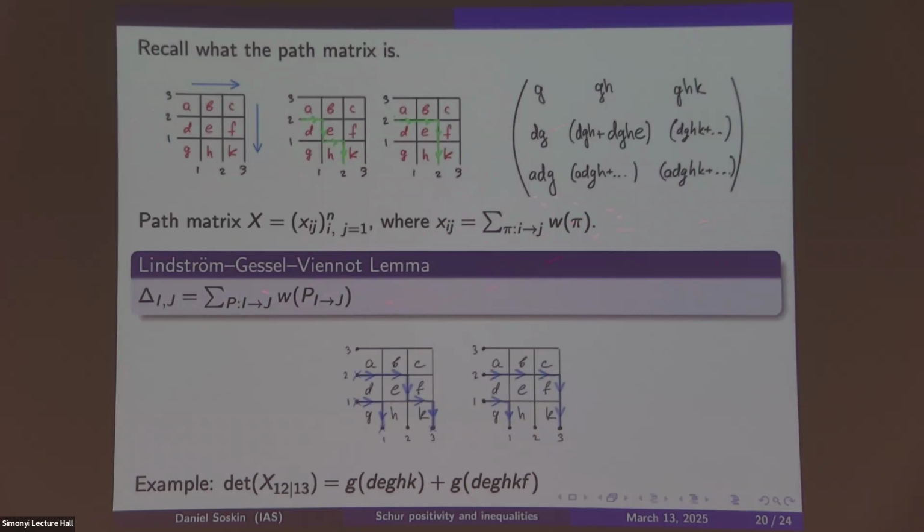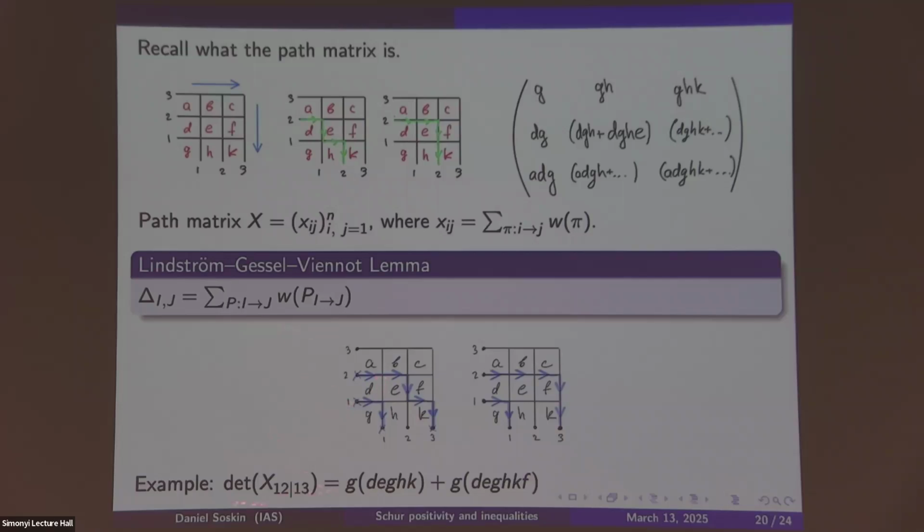For a path matrix, we have the Lindstrom-Gessel-Viennot lemma, which tells us what the minors of such a matrix are. For example, if we have a path matrix given by a planar network parameterization, and we have an index set I for rows and an index set J for columns, the minor is given as a sum over all non-crossing path families which start at vertices indexed by rows and end at vertices indexed by columns.